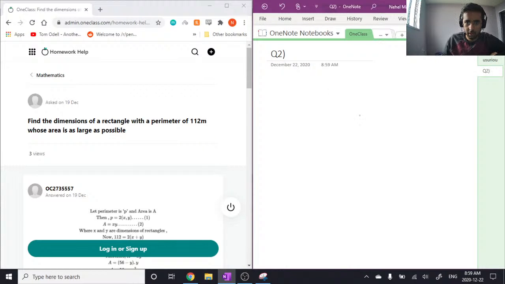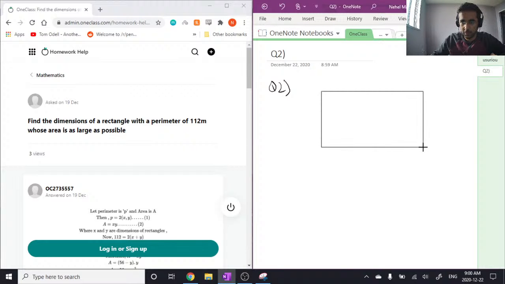So for question number 2, we need to find the area of a rectangle, and we're given its perimeter, but we're not given any of the sides. So we can just say the sides are x and y. So the length is x and the height is y. We're given the perimeter, and perimeter is nothing but the sum of all the sides.